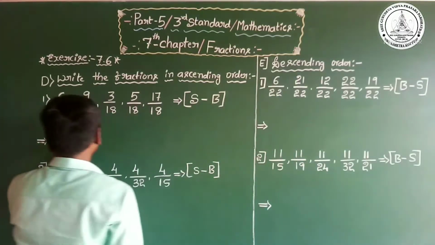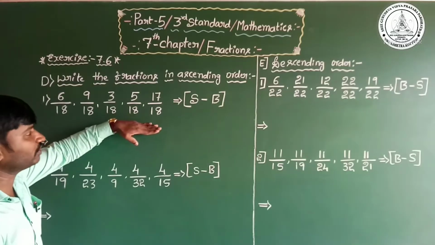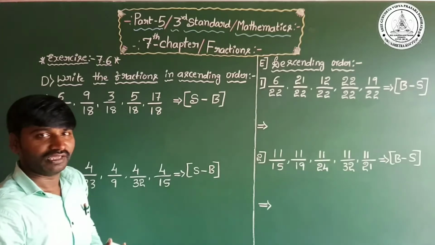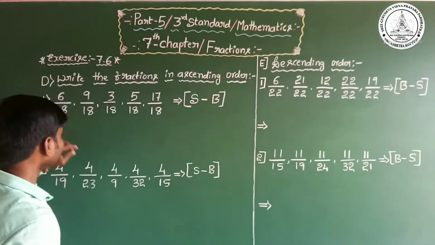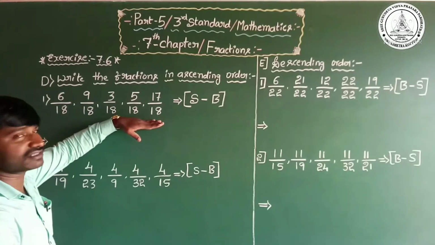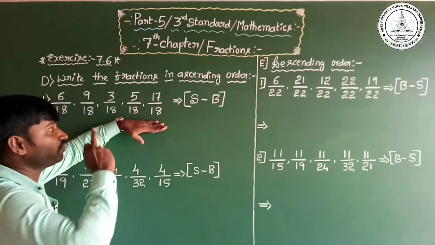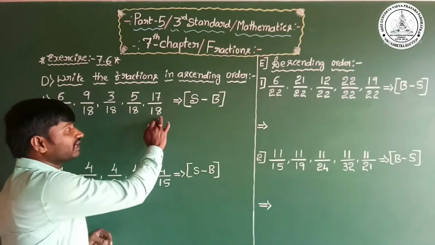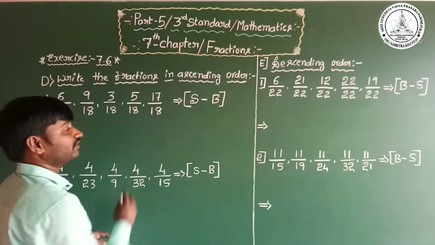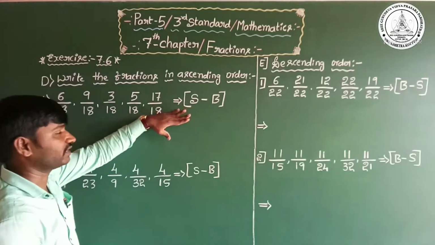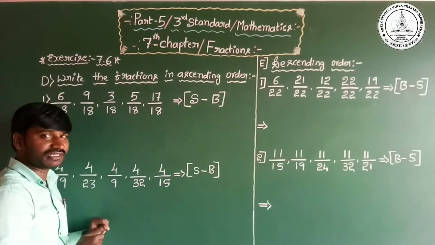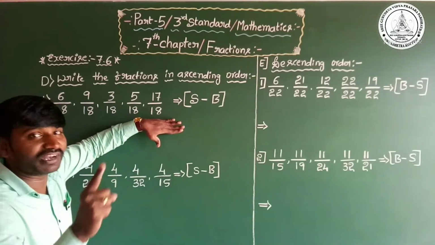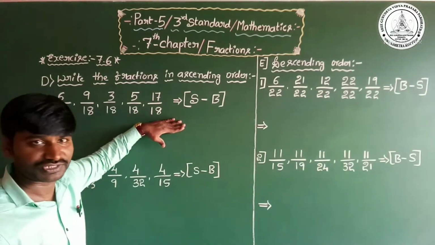When the denominators of the given fractions are the same, how do you find out which is the bigger fraction and which is the smaller fraction? When the denominators are the same, the fraction with the greater numerator is the greater fraction.